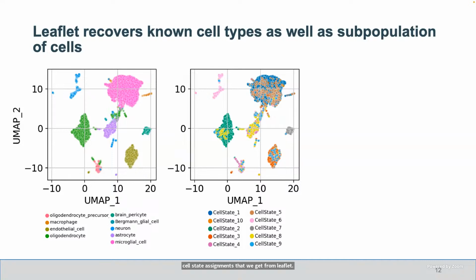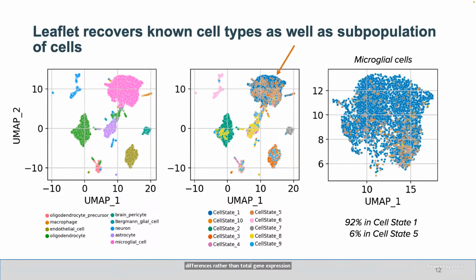Overall these two labels correspond pretty well. But in addition, we can see that within the microglia, for example, corresponding to those pink cells on the left, there are potentially subpopulations of cells in this cluster that are driven primarily by their splicing differences rather than total gene expression.